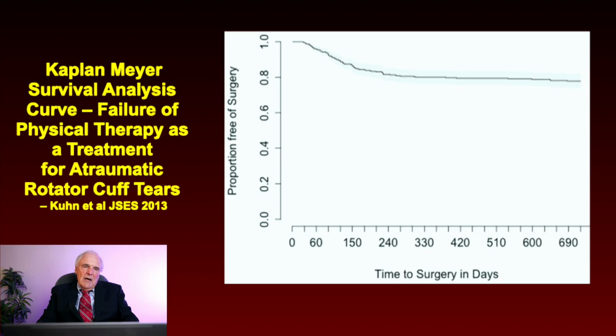This is the Kaplan-Meier survival analysis curve shown by Dr. Kuhn et al., showing that at about 3 to 4 months, the curve levels out and stays at about the same level, about 80%, all the way out to 2 years. These patients do not seem to have enough problem with the symptoms to warrant or request surgery.